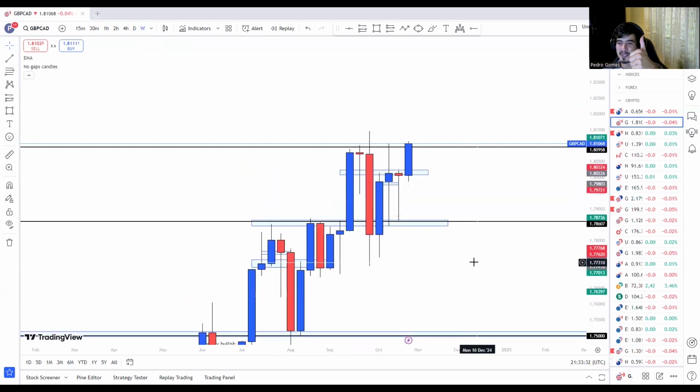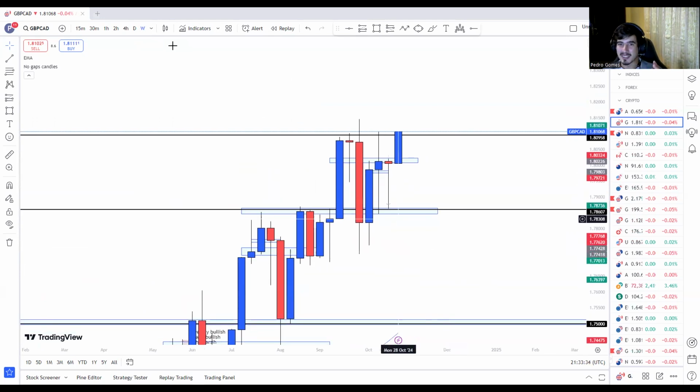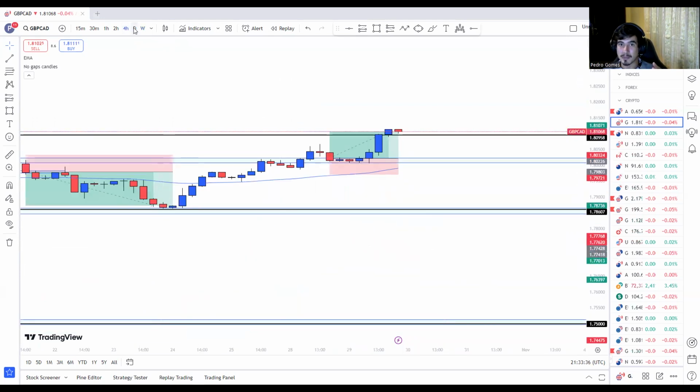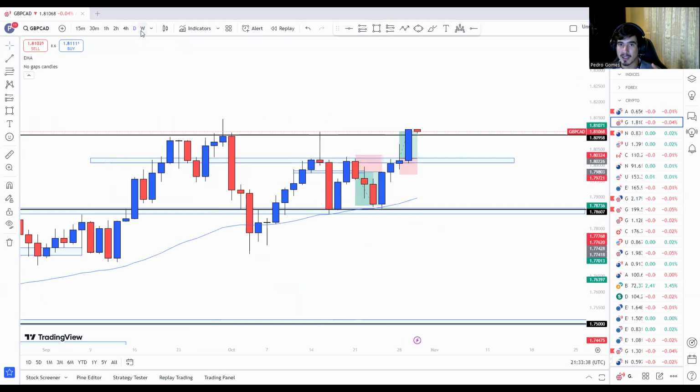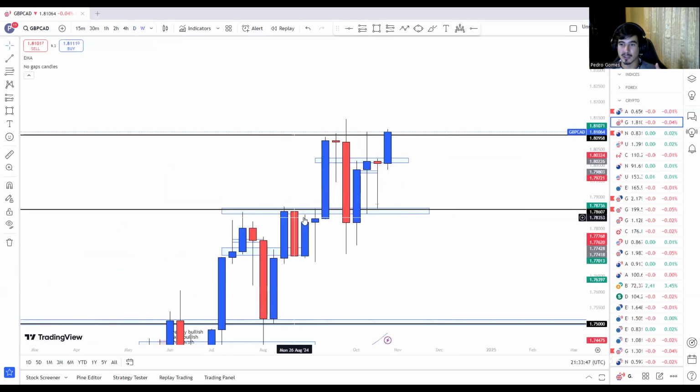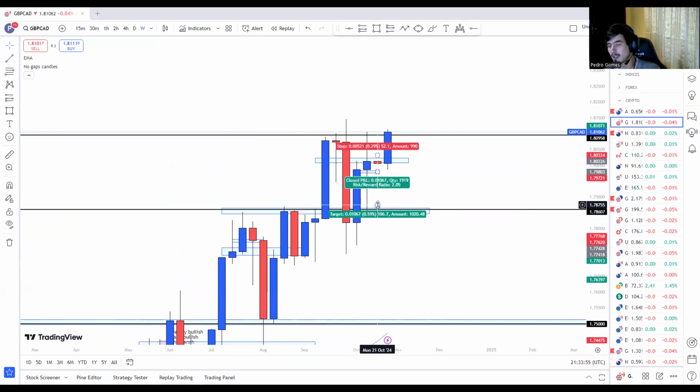We can see that last week we got this move and we don't want to sell, because at this point we are on a weekly structure point. So we broke and retested and we were at this point. So we don't want to sell at this point. Now we look for buys.